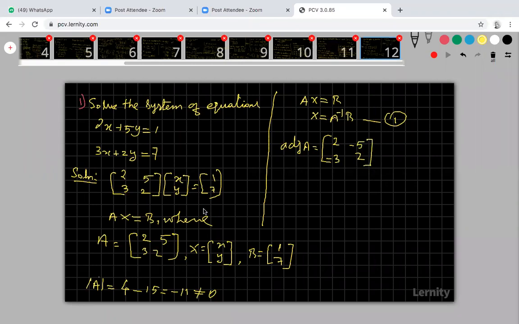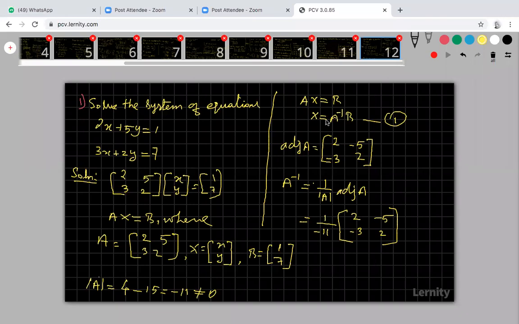First, write the formula: A inverse is 1 by determinant of A, adjoint of A. So 1 by determinant of A, minus 11, adjoint of A. My adjoint of A is 2, minus 5, minus 3, 2. So this is my A inverse.